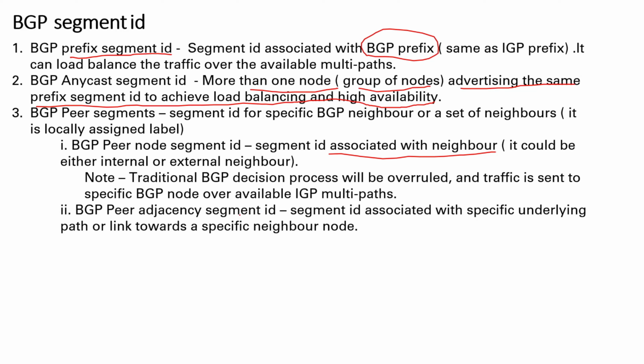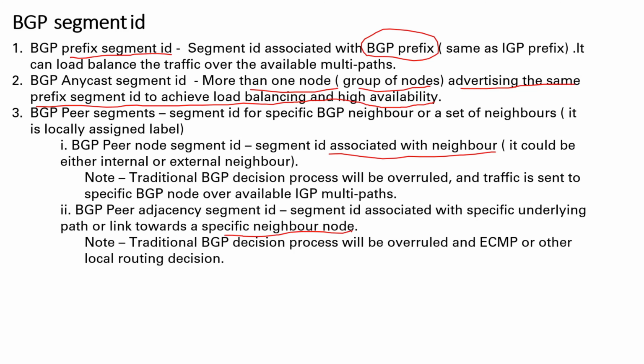Then the peer adjacency SID, associated with a specific underlying path or link towards a specific neighbor. And last but not least, the BGP peer set SID, that is for the peer group.